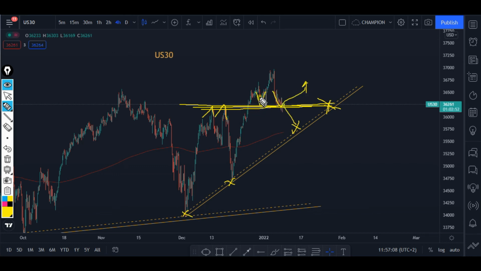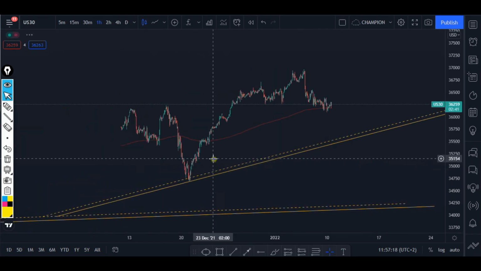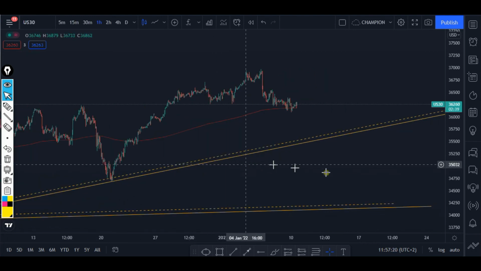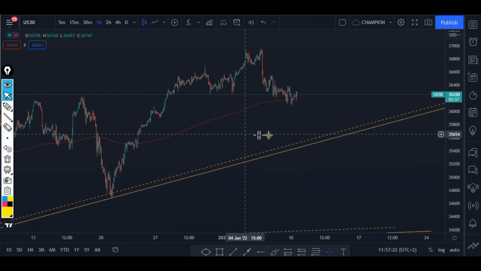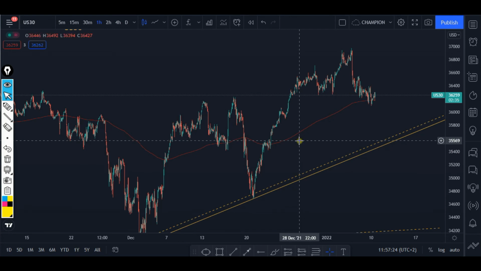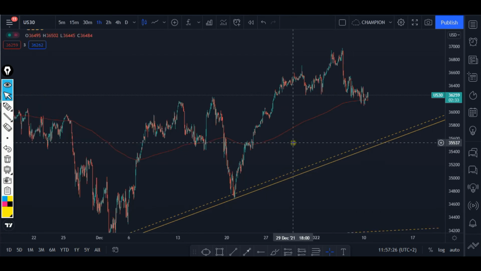So the market might come and move high. Let's get closer to the 1-hour time frame so that we can read exactly where the market is leading us.